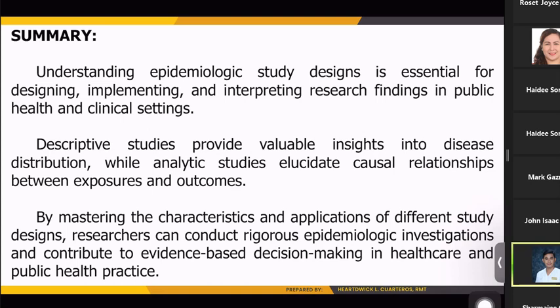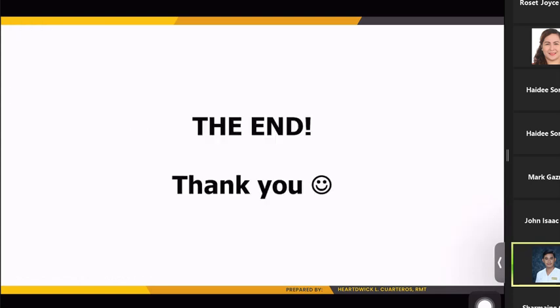So by mastering these characteristics and applications of different study designs, researchers and epidemiologists can now conduct rigorous epidemiological investigations and contribute to evidence-based decision making in healthcare and in public health practice. The end. Thank you.